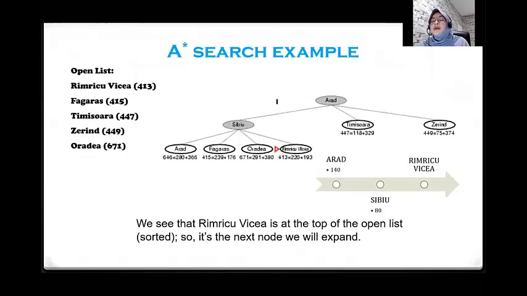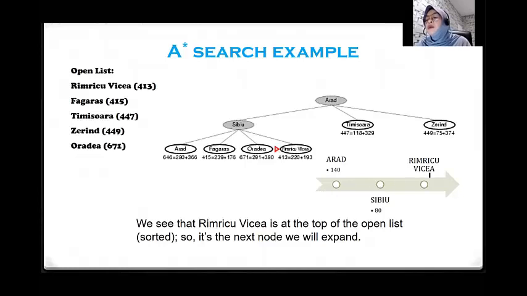So now, have a look. From Sibiu, we have four cities connected. We have Arad, we have Fagaras, we have Oradea, then we have Rimnicu Vilcea. So these are the distances. From Arad to Sibiu is 140.